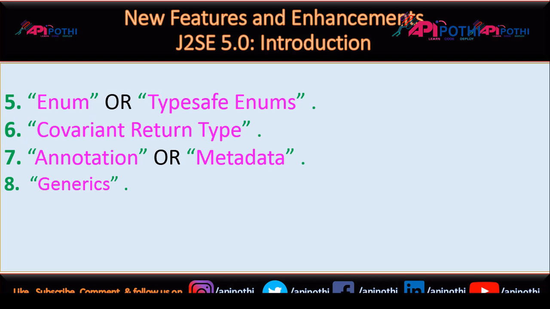We will discuss this very briefly in the next video also. Now the seventh enhancement is annotation, or we can say metadata. Annotation is actually one of the most used features in the entire Java coding standard. How is this basically used? Annotation is the way we tell the compiler to treat something in a special way.